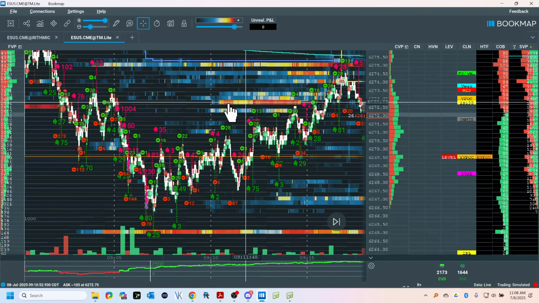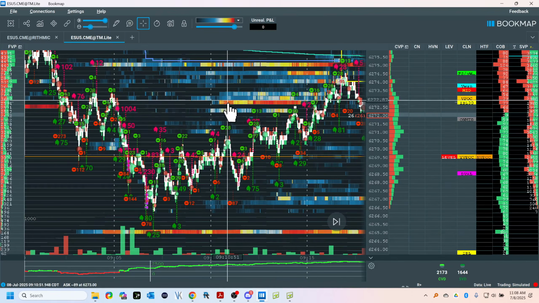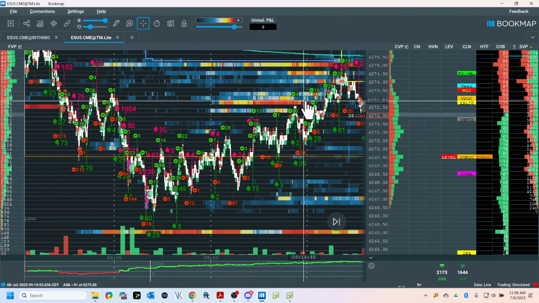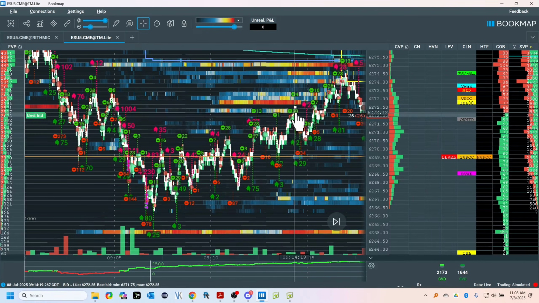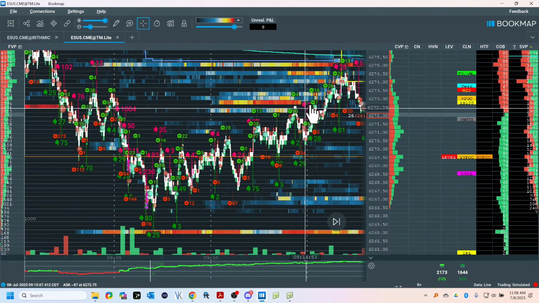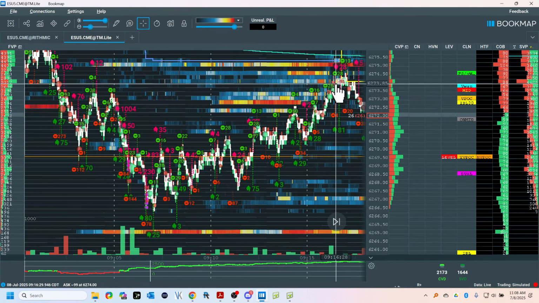You'll notice that the thing with the heat map, and the heat map is showing us the passive orders, what we don't know ever is what's going to happen as the market approaches it. Are they going to trade or are they going to pull? So these guys are canceling. So as the market's moving up, you can see how it gets dark.